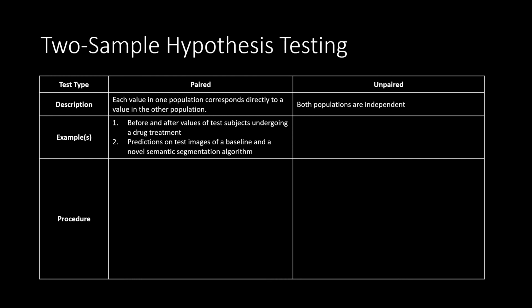Now, with the paired test, one example can be the before and after values of test subjects undergoing a certain drug treatment. So you could monitor some health factor such as sugar levels before you give your subjects a certain drug, and then monitor these same levels on the same subjects after you give them your trial drug to see if there was a significant difference between the before case and the after case.